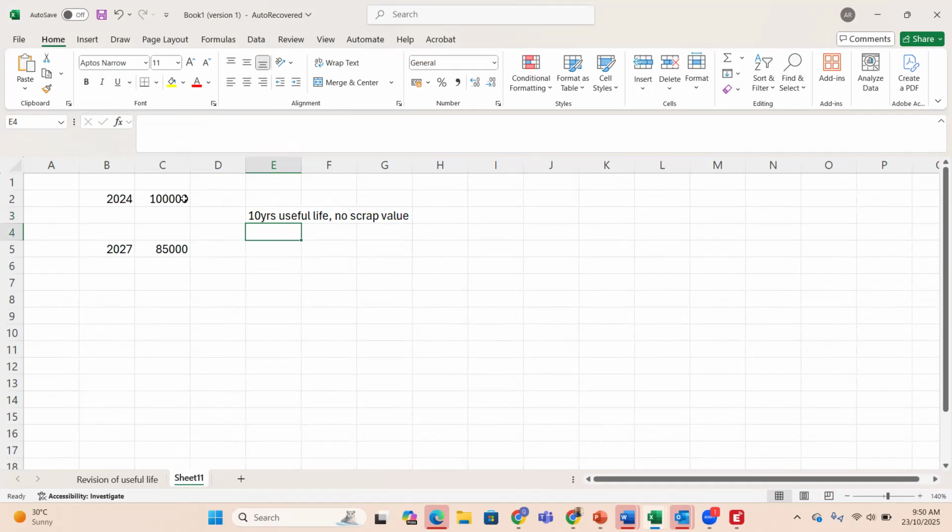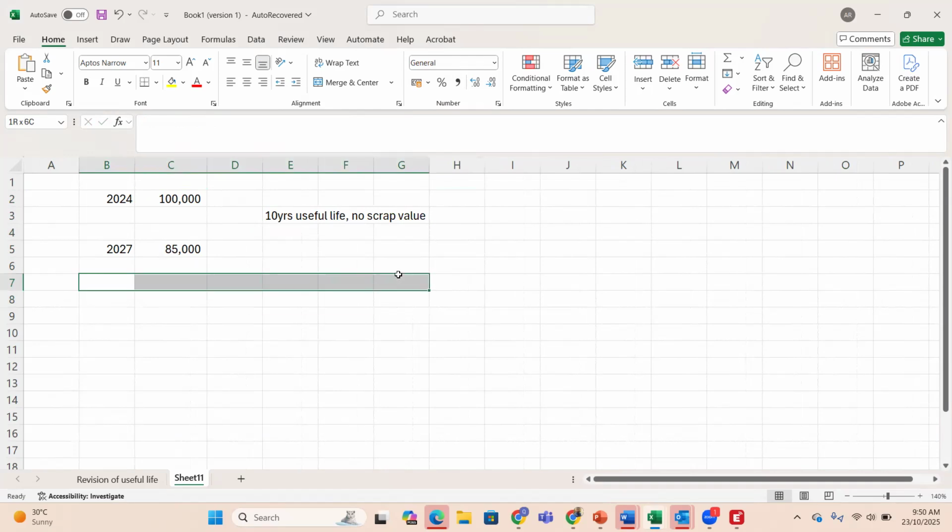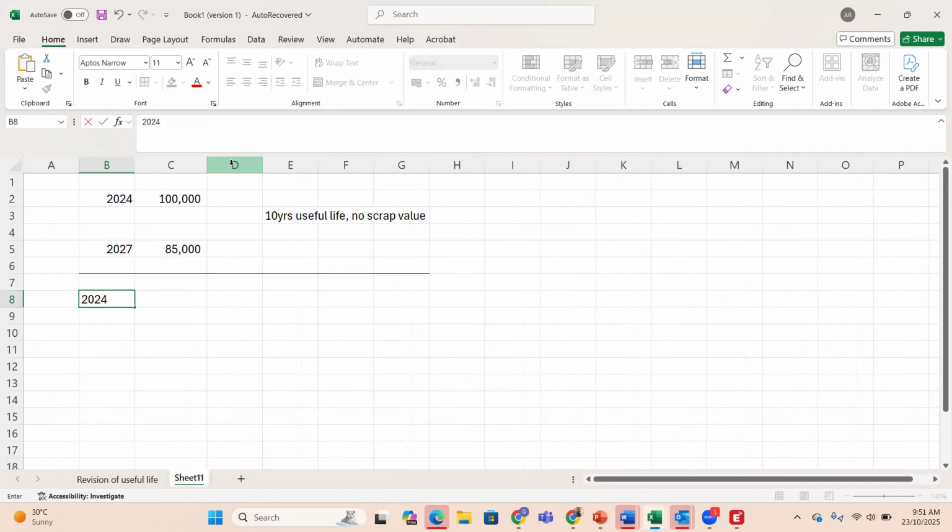Now, how would I capture this? What would be the accounting entry? You would tell me all this. Initial acquisition: in 2024, I recognize cost.